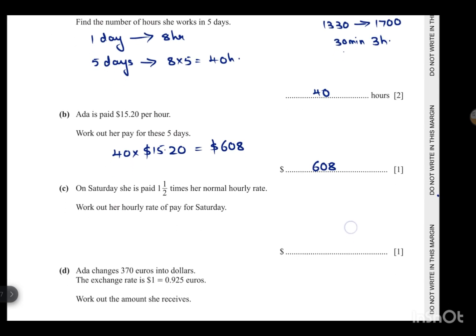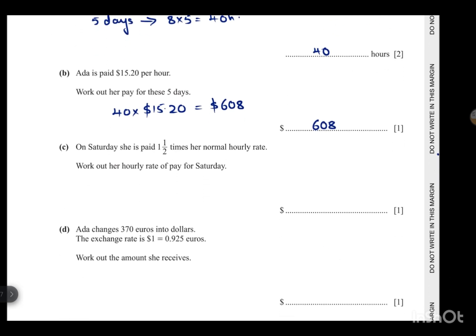Question C. On Saturday, she is paid 1.5 times her normal hourly rate. Work out her hourly rate of pay for Saturday. So now, 1.5 times her normal hourly rate: first of all you take the hourly rate and then multiply it with 1.5.